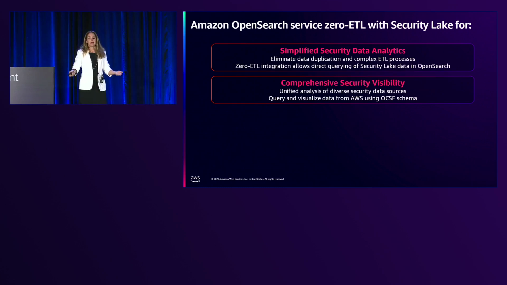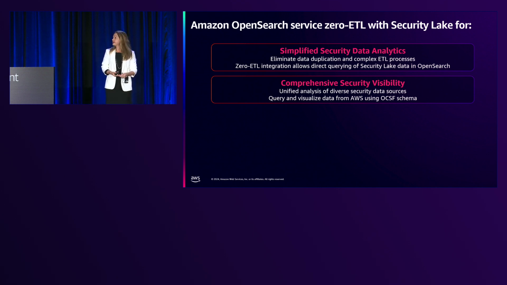Any tables, any data that you have in Security Lake, you can access through the zero ETL integration, do in-place queries, and visualize your data, all using the OCSF schema. You can use the same query across your different data sources thanks to the OCSF schema.